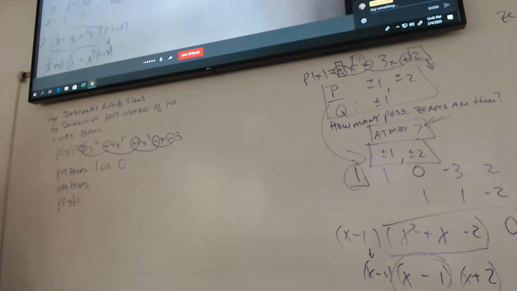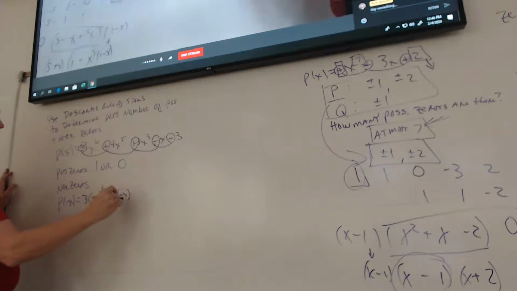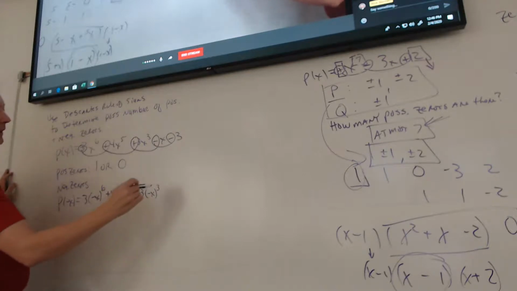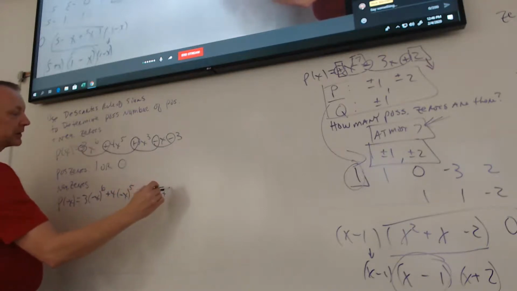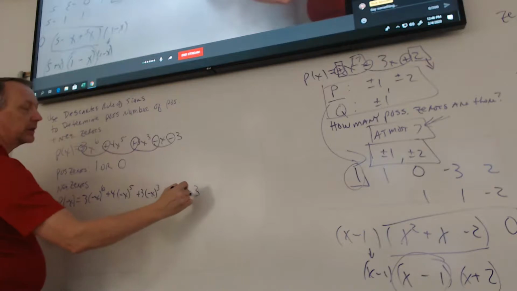So what is P of negative x? 3 times negative x to the 6th plus 4 times negative x to the 5th plus 3 times negative x to the 3rd plus or minus negative x minus 3, right?